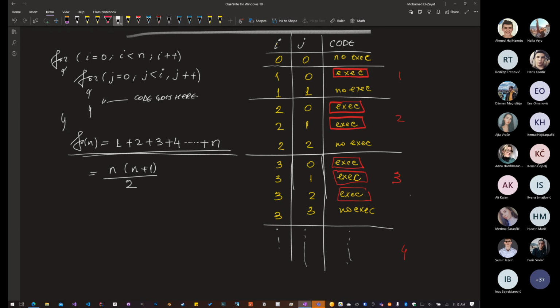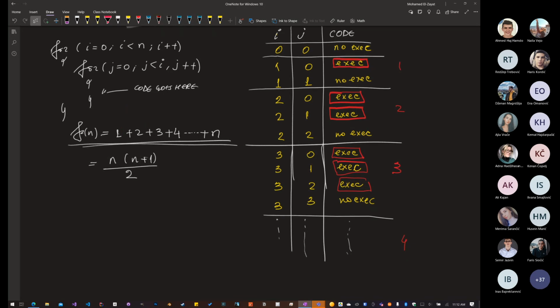The first loop makes 1 execution, the second 2, the third 3, and so forth. At the end of the day, when we sum up all these executions, it equals n squared plus n divided by 2.